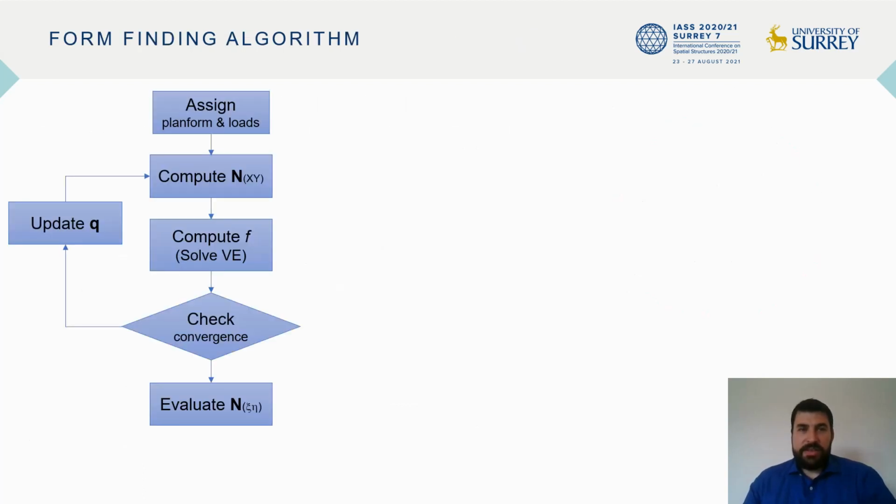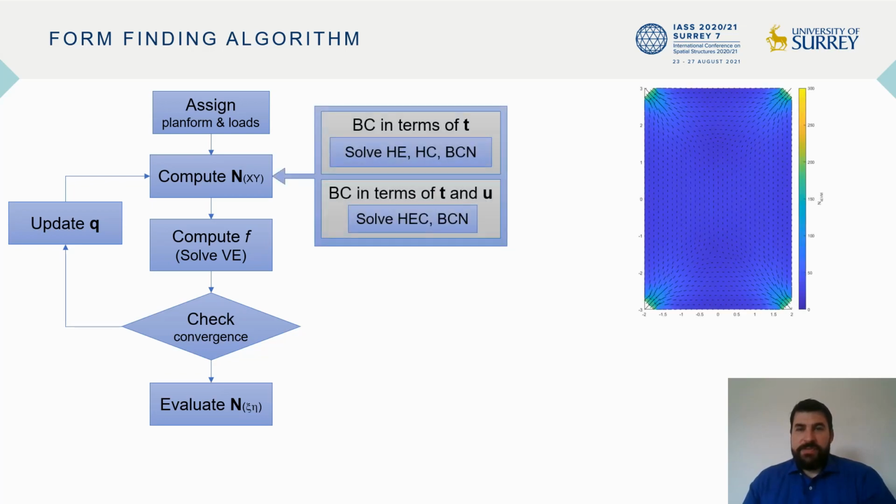After assigning the shell planform and loads, the proposed form-finding algorithm employs the horizontal equilibrium equations to assign a compatible distribution of membrane forces. This specific problem is solved either by assigning thrust values on the entire boundary of the shell planform or by defining displacement values at the constrained portion of the planform boundary.